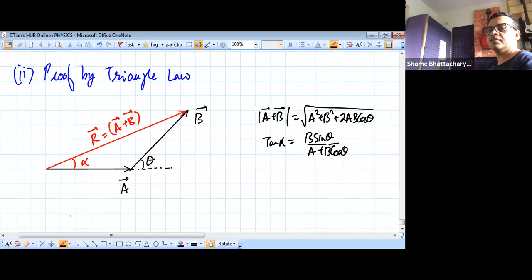Now in this we have to apply the condition if magnitude of A is equal to magnitude of B, equal to suppose A. So this is equal to this.